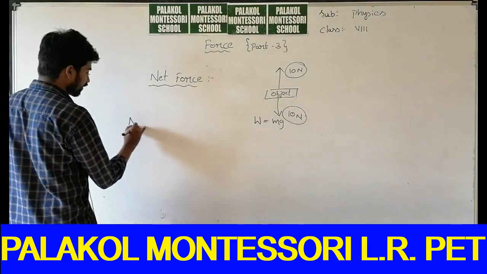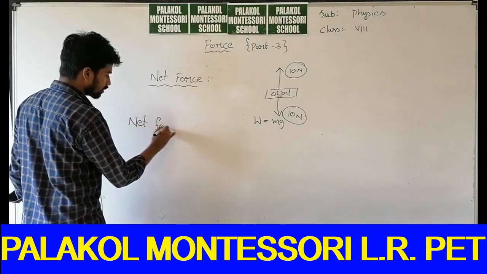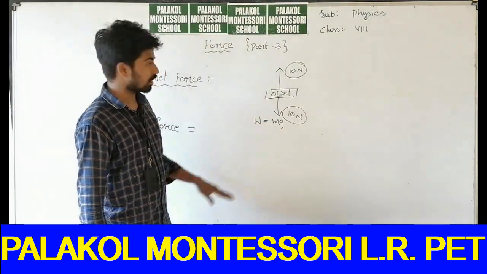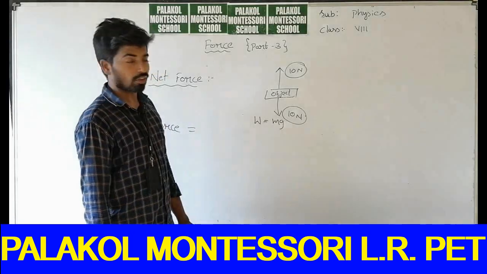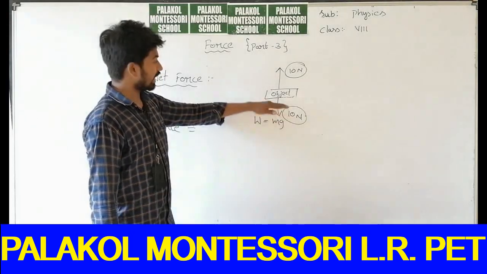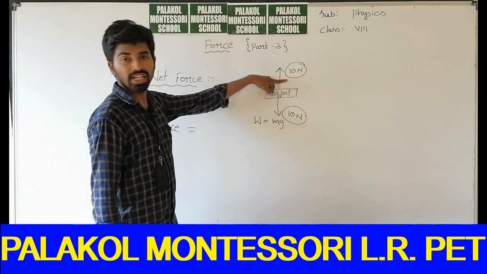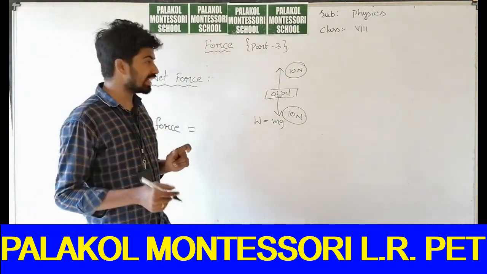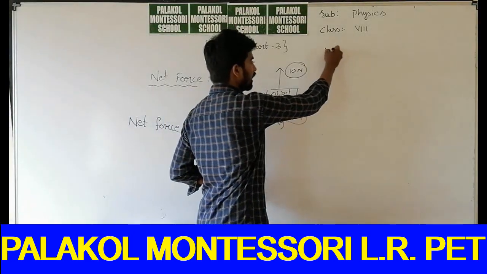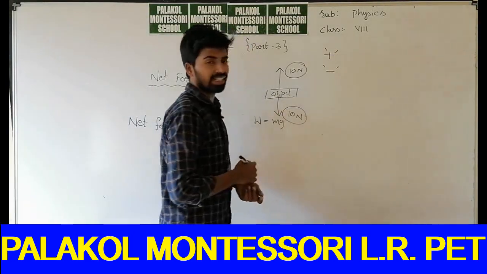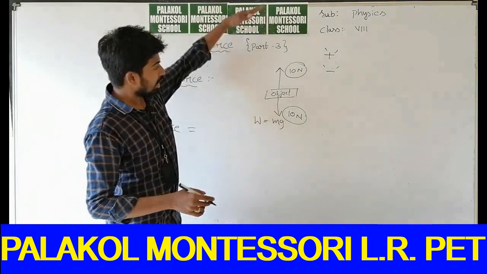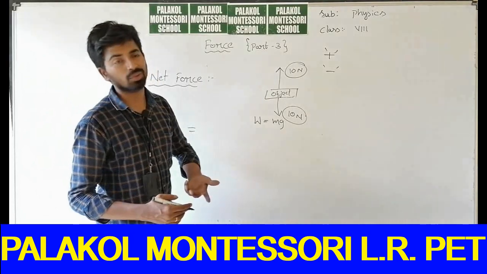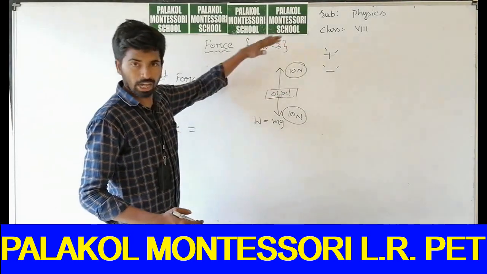So let us find the net force acting on this object. In the downward direction, what is the amount of force? 10 newtons. In the upward direction, what is the amount of force? 10 newtons. So to include the direction, assign a positive sign to one direction and a negative sign to the other. Let us take the upward side as positive and downward forces as negative.